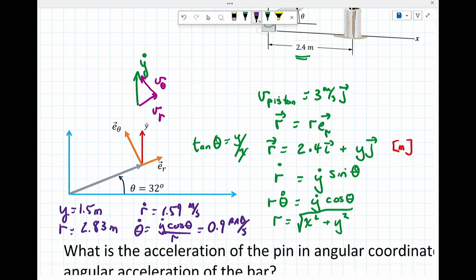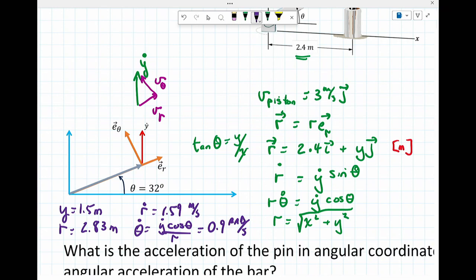So when I'm doing this, one, I'm taking that definition for v r, which is r dot, so I calculated that directly. But for the second term, I wanted theta dot. And because I wanted theta dot, I had to take y dot cos theta divided by r, this term right here, in order to extract it. All of the other terms are coming straight from the trigonometry, or geometry, excuse me. Any questions on that?